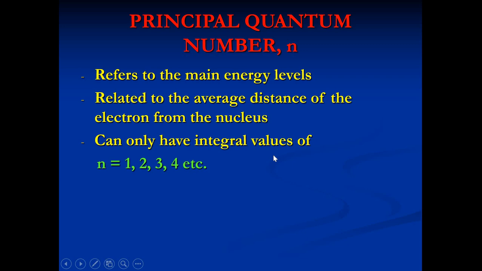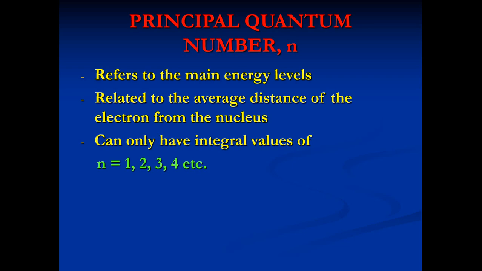Number one is the principal quantum number. The principal quantum number refers to the energy level of the electrons. In the electronic configuration using shells, the number of shells indicates the principal quantum number. We have K shell, L shell, M shell, N shell, and the rest.